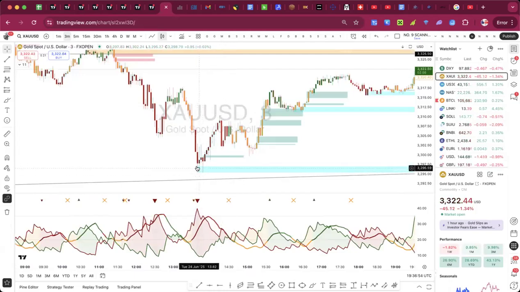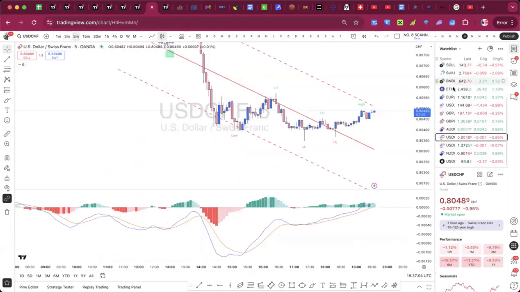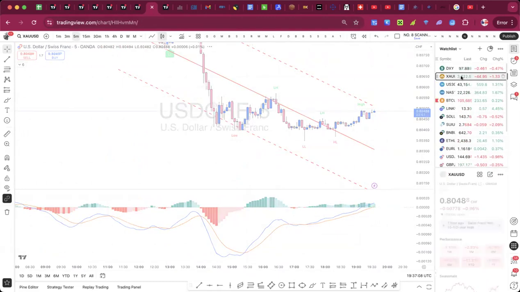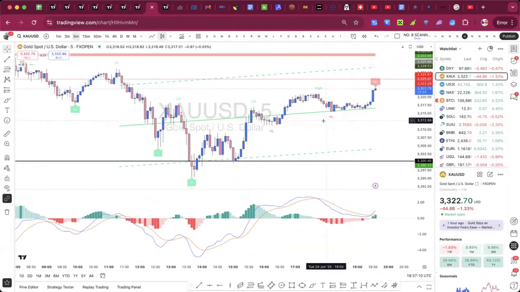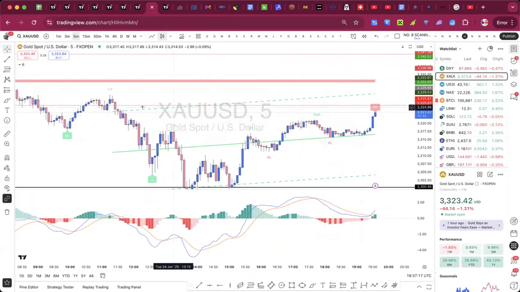That's been buying since here, and almost getting to that resistance. This is a major resistance for it and already pumping.